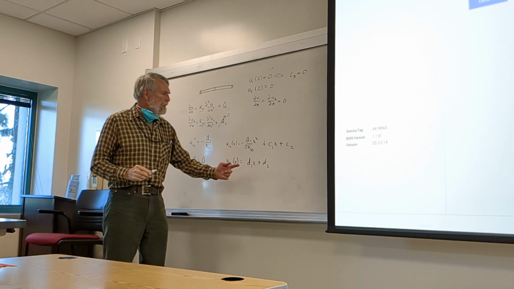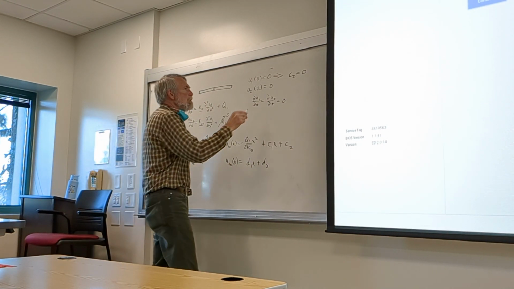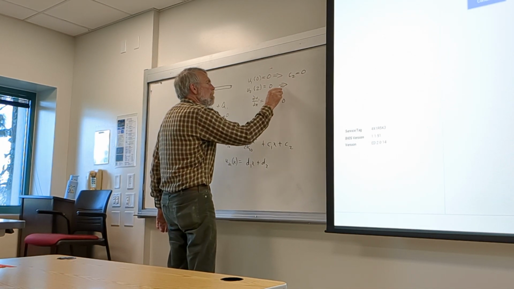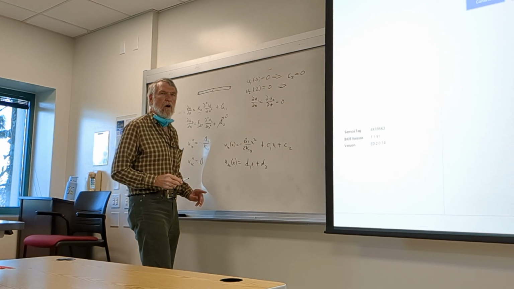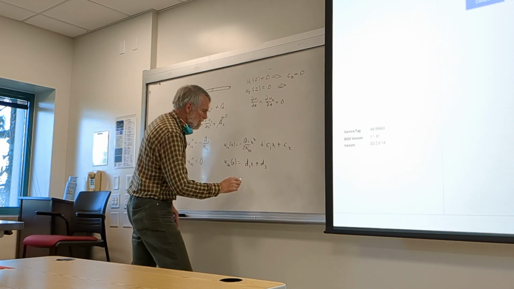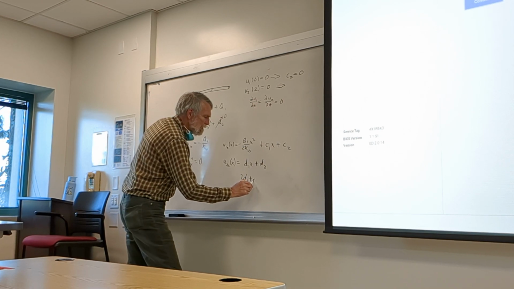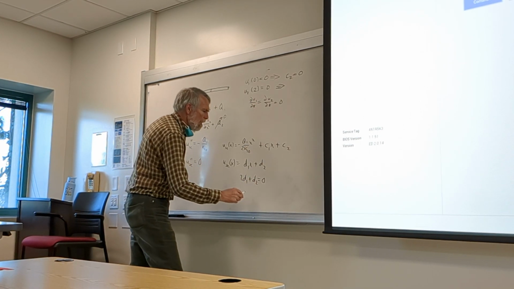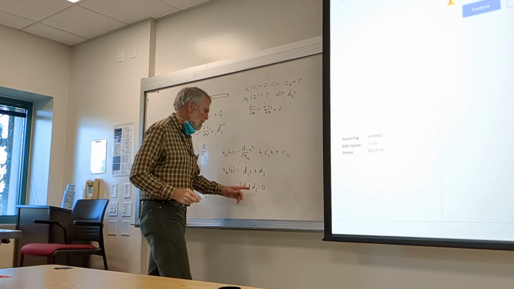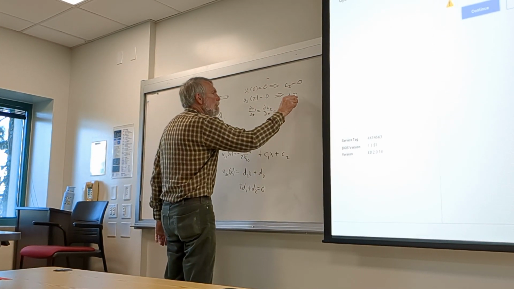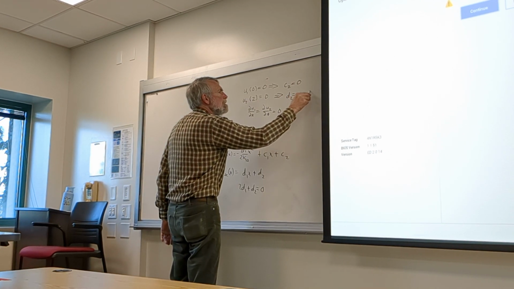That gives us a relationship right here. If at 2 this is equal to 0, then that tells us that 2D1 plus D2 equals 0. So we could say, for example, D2 is going to be equal to minus 2D1.